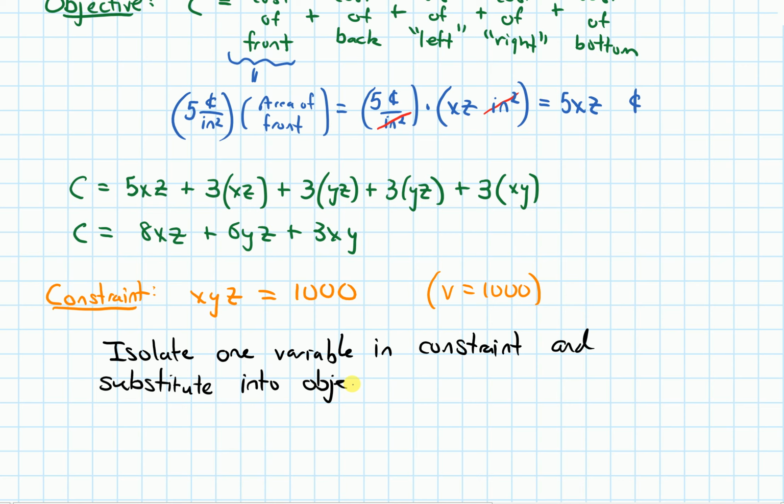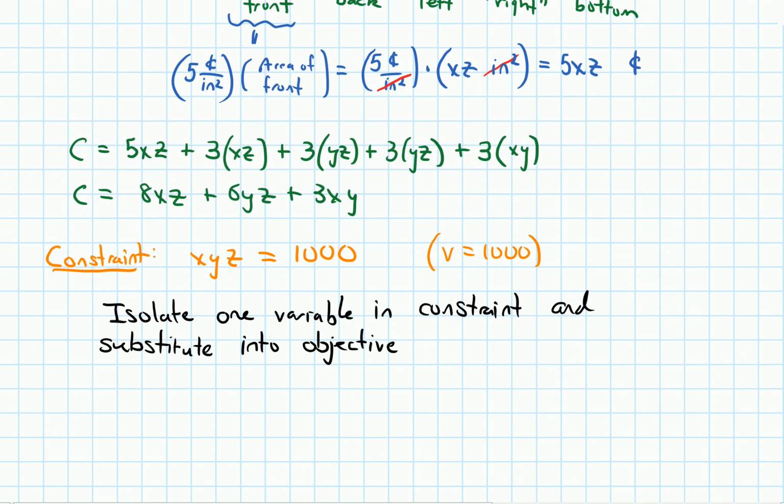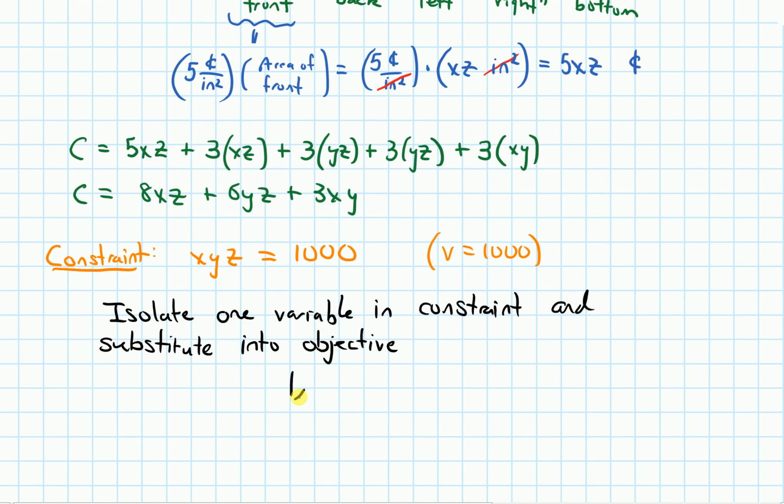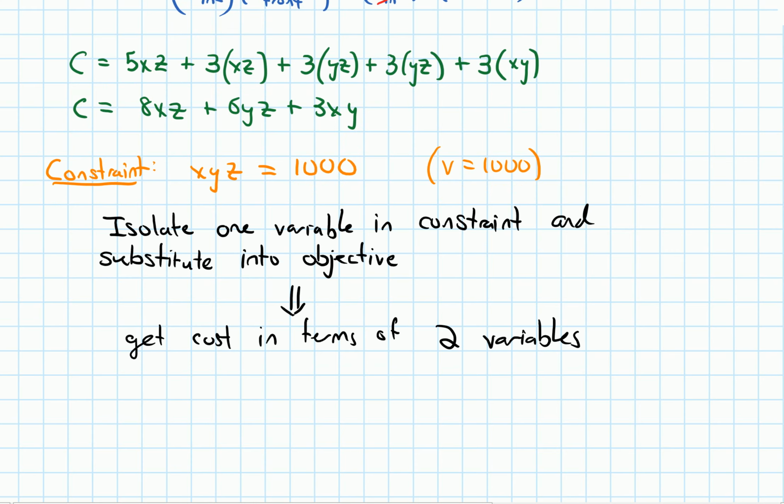Usually we'd want to isolate whichever variable was easiest to isolate and then plug in. In this case, it looks like all of them are about equally easy. So after we did this, we would end up getting the cost in terms of two variables. Right now it's in terms of three variables, an x, a y, and a z. So then we'd have a two variable function.